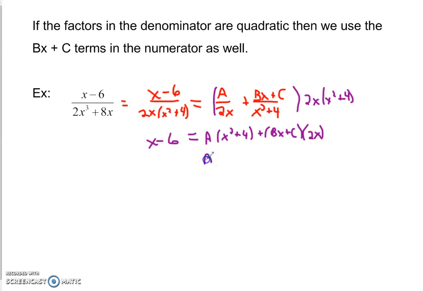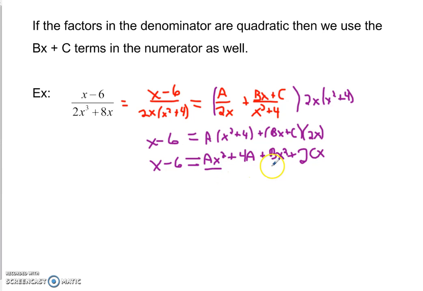So I get ax squared plus 4a plus, here I get bx squared plus 2cx. All right, all that equals x minus 6. All right, so what we want to do now is combine similar terms.